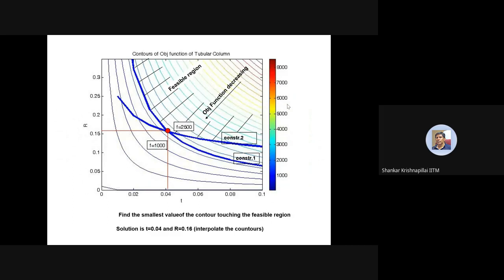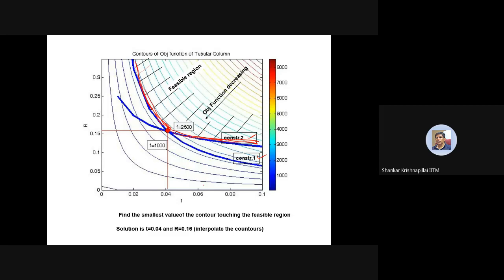Now we are superimposing the feasible region on the same contour plot. What you see here is the feasible region, which is the intersection of constraint 1 and constraint 2.